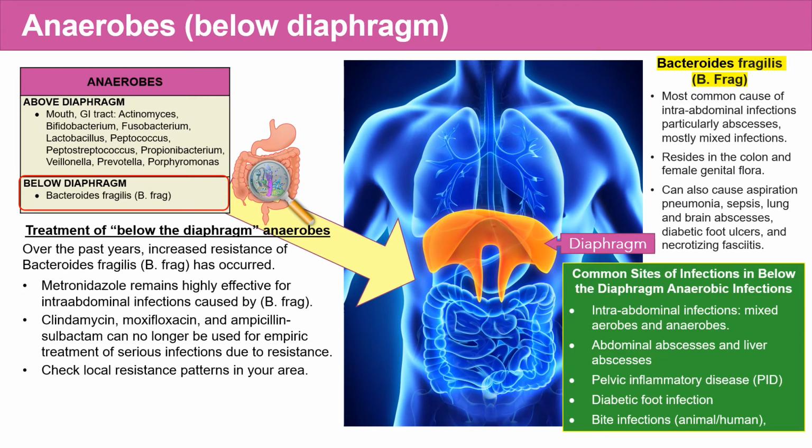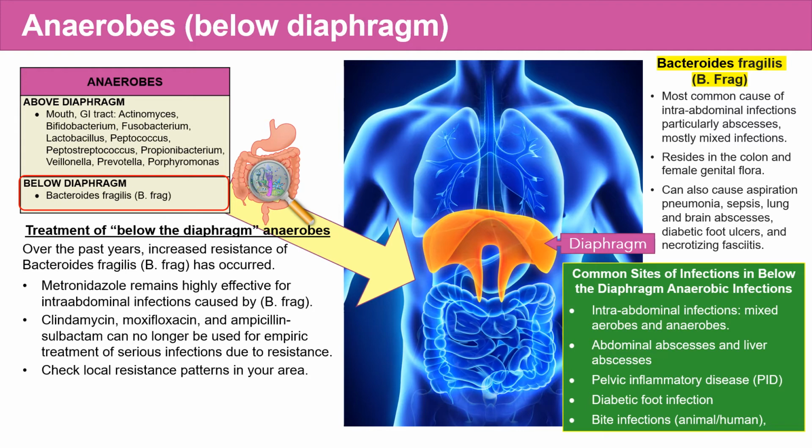Now, how do we treat below the diaphragm anaerobes? Well, over the years, increased resistance to Bacteroides fragilis has occurred, and this is making treatment of anaerobic infections below the diaphragm very difficult. Metronidazole does remain highly effective for intra-abdominal infections caused by B. frag. But we used to rely on antibiotics like clindamycin, moxifloxacin, and ampicillin sulbactam or Unasyn.